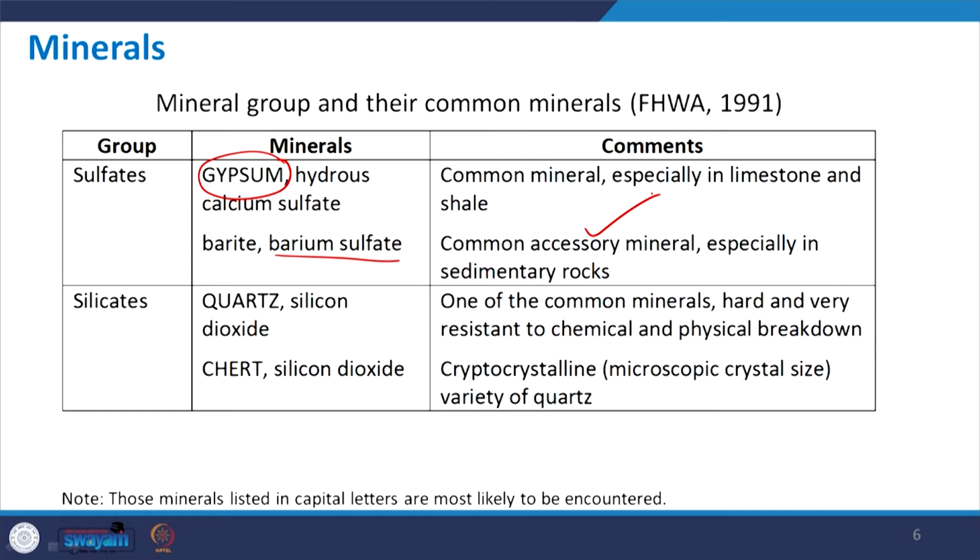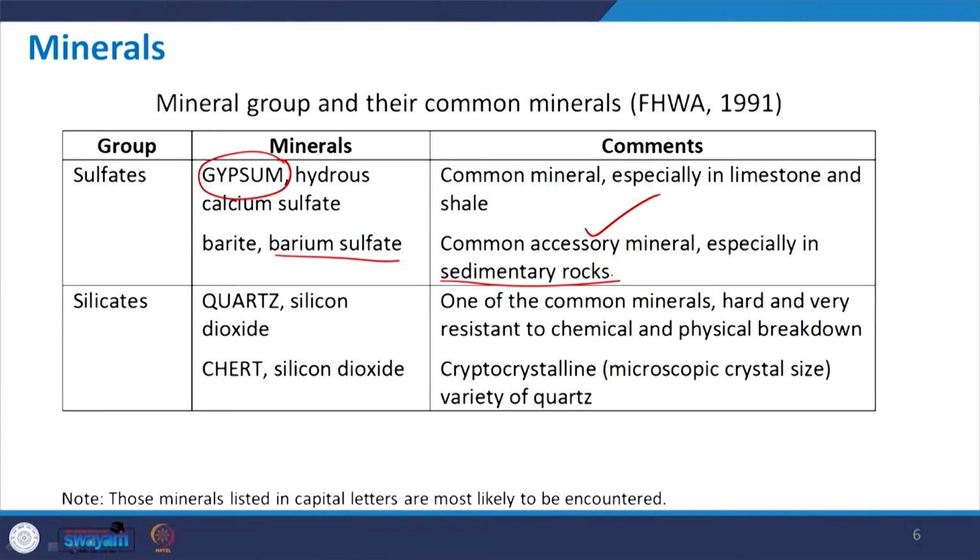I will be explaining these three different classes of rock, where sedimentary rock is one class. Now coming to the next group, that is silicates, which is the major or the largest group amongst these mineral groups.